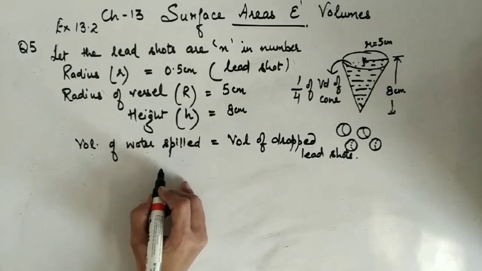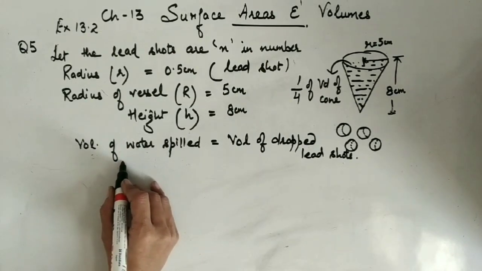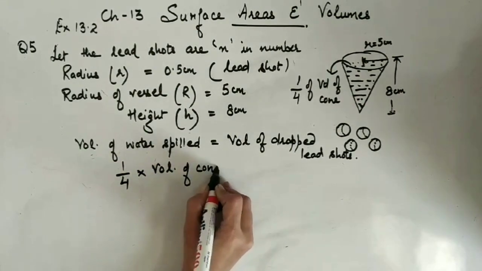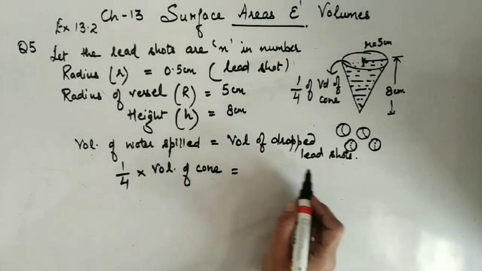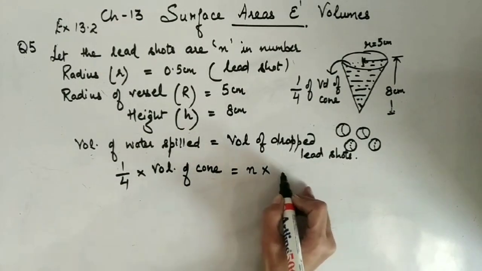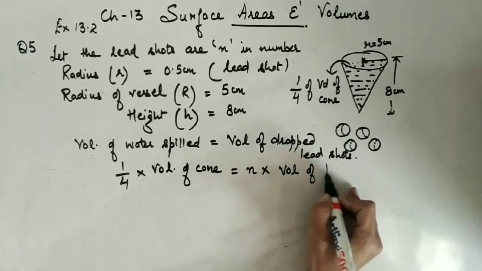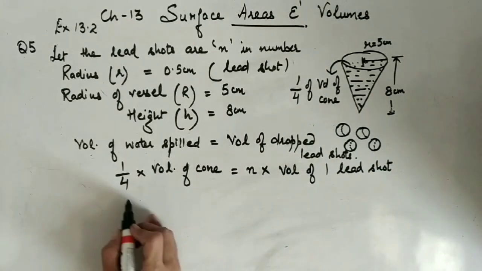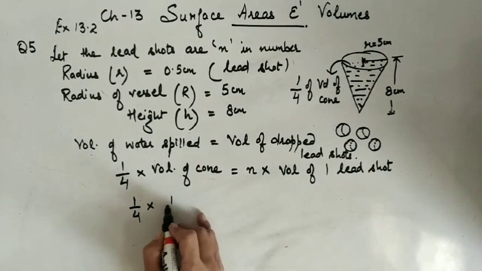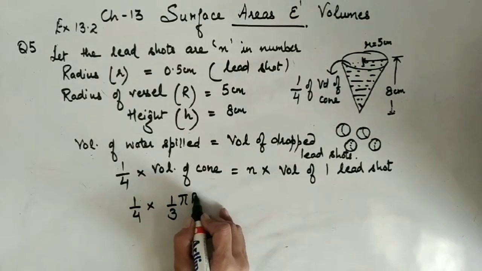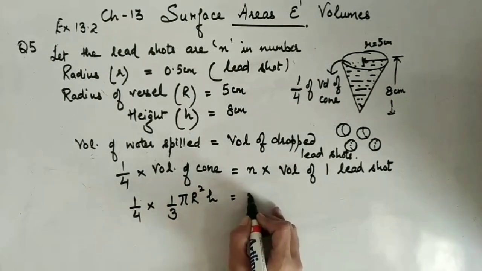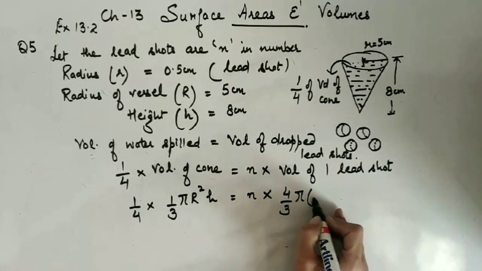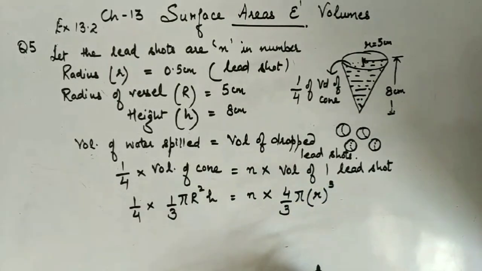So the volume of water spilled is 1/4 of the volume of the cone, and the volume of dropped lead shots is n times the volume of one lead shot. Put the values: the volume of the cone is 1/3 of pi capital R square h, and n times the volume of one lead shot, 4/3 pi small r cube.